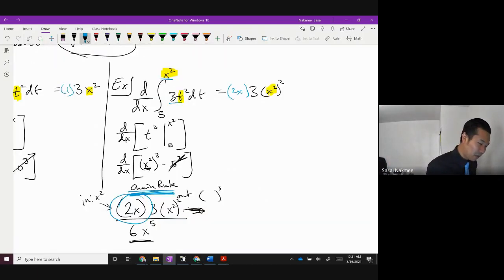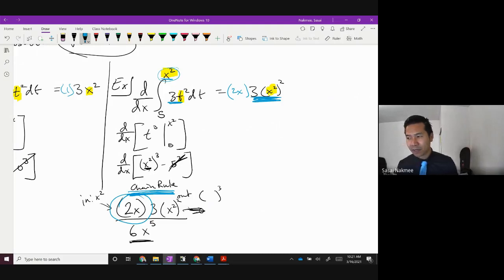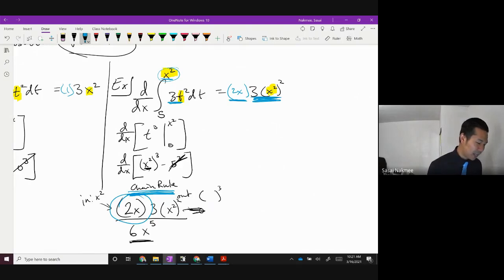You still get whatever the function is, evaluated at what b is, right? But now you also have to remember to take the derivative of that integrand that's in there. Because if you don't, you miss out on the chain rule that you need there. So the chain rule does apply to this thing. So you've got to make sure you do that when you do these fundamental theorem of calculus problems.